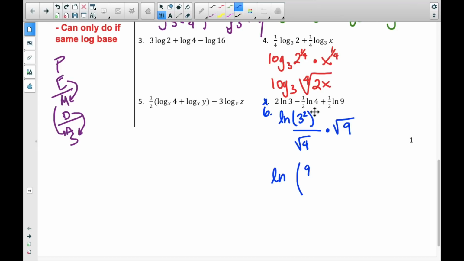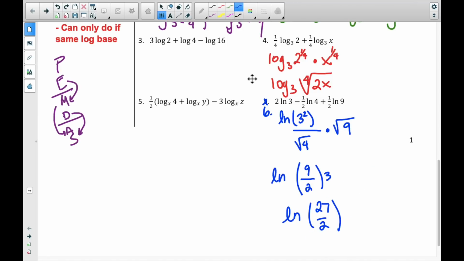And then the 1/2 power of 4 means the square root of 4. And then I have a square root of 9, and that makes 3. So really, my final answer is the natural log of 27 over 2. Now, you might have come about that a little bit differently, because there's a lot of different ways you could have done that order-wise. But the final answer should be this.